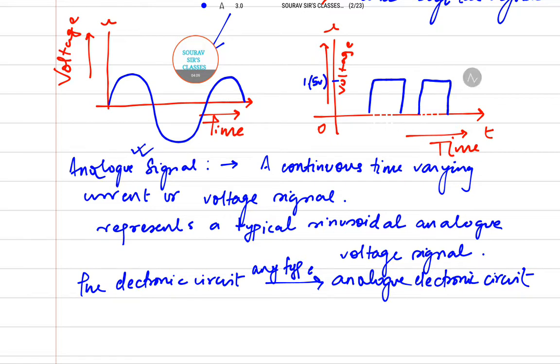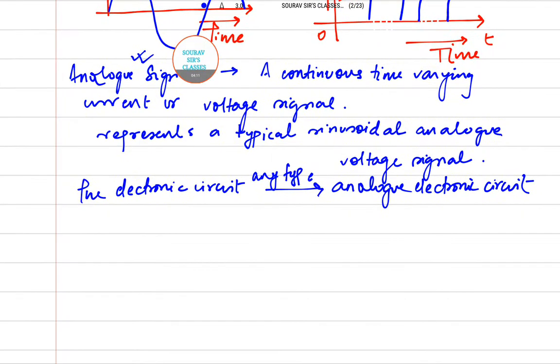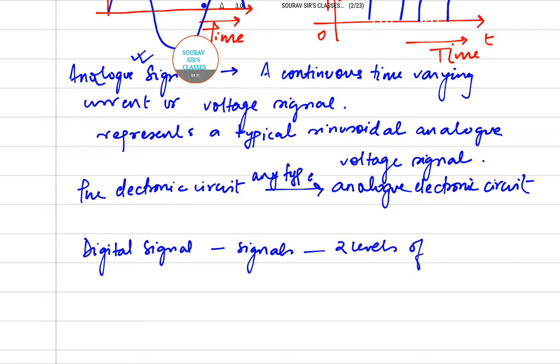Okay, so what we see is that digital signals are signals which have two levels of current, or you can even say voltages, that are actually represented by 0 and 1. And these are termed as digital signals.